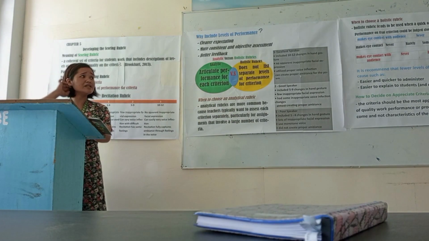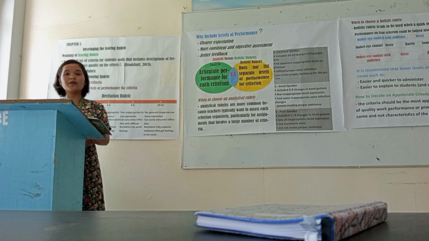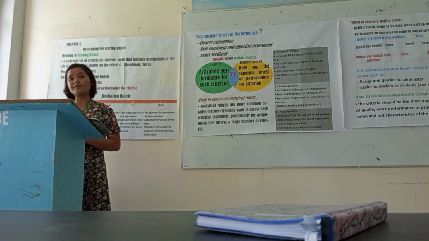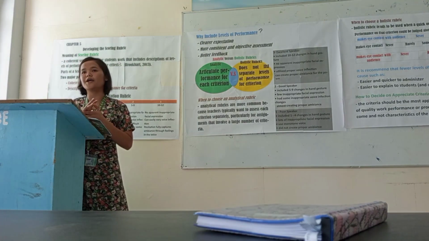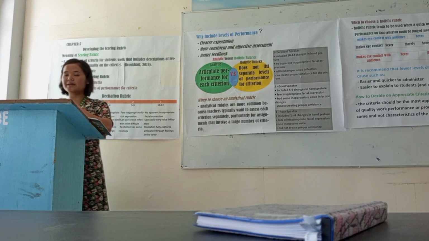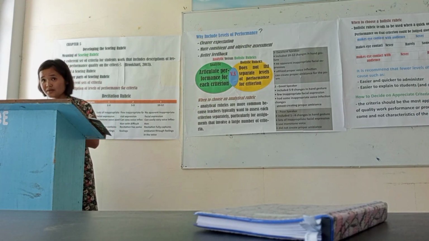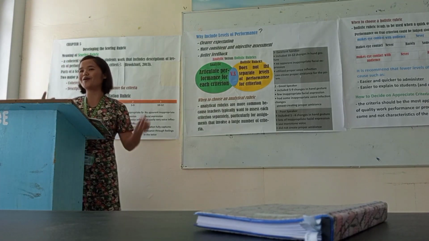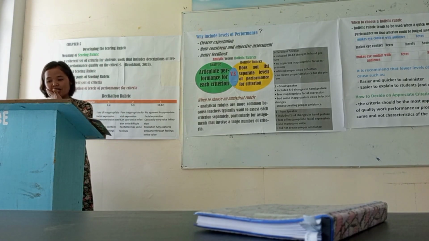So, in the process of developing scoring rubric, you must first determine the learning outcome, o kung ano ba yung i-assess mo, yung product mo or yung performance ng estudyante.